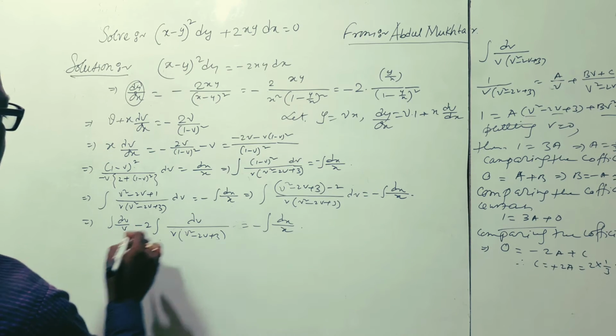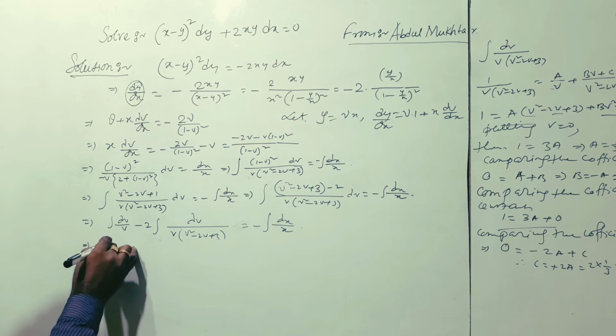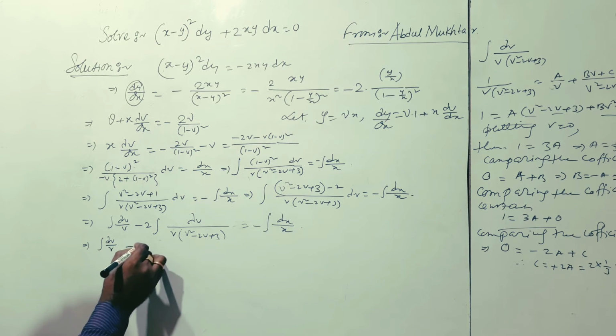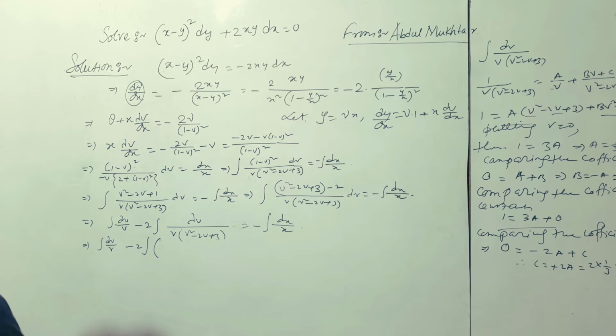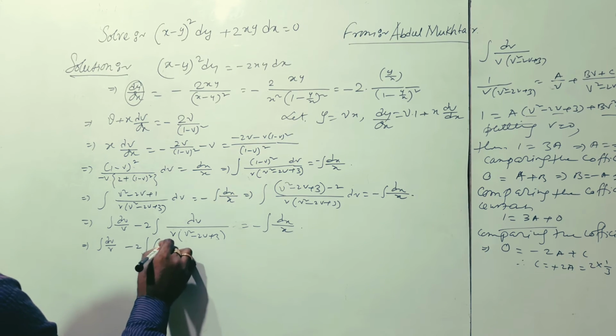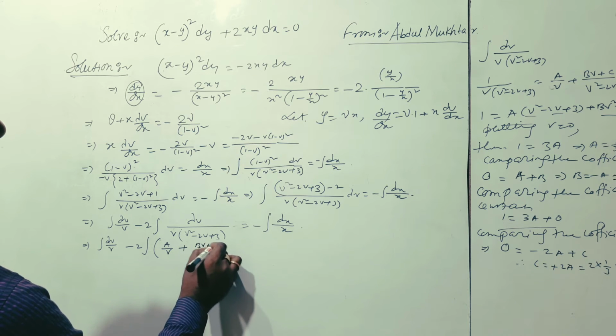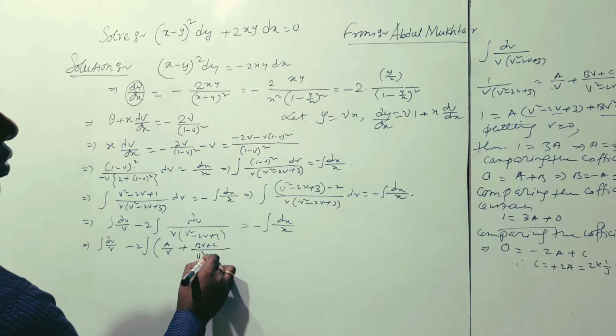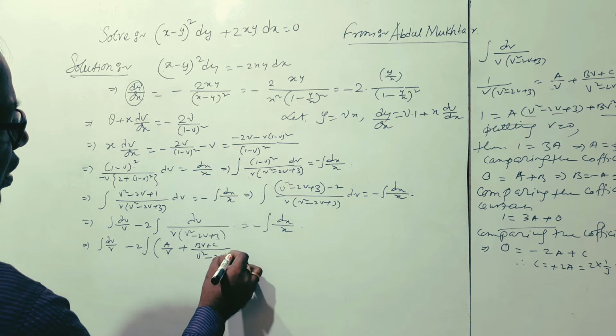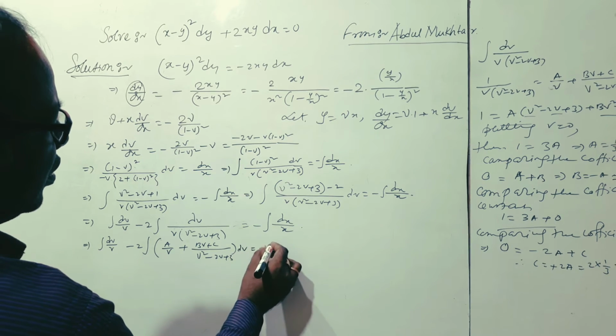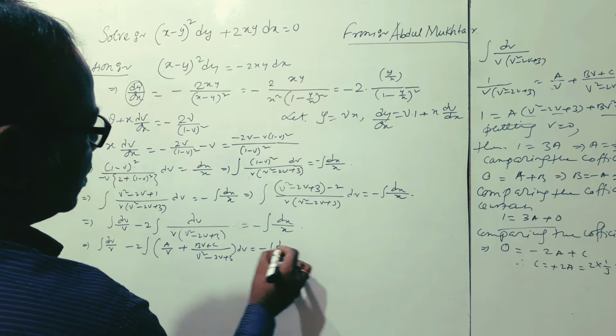So in place of that, dv by v minus 2 times of a by v plus bv plus c by v square minus 2v plus 3, and dv equals minus dx by x.